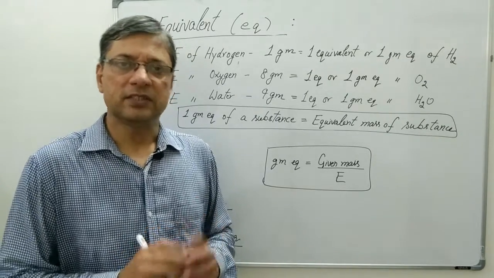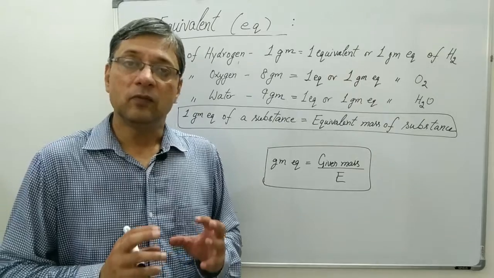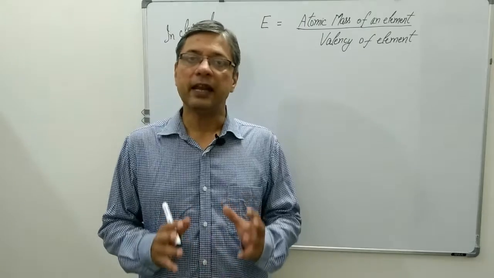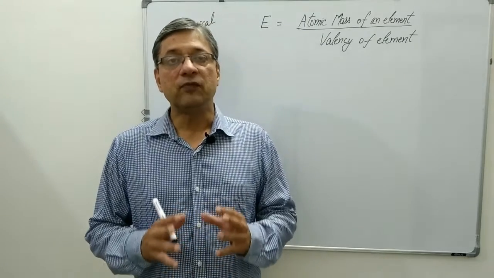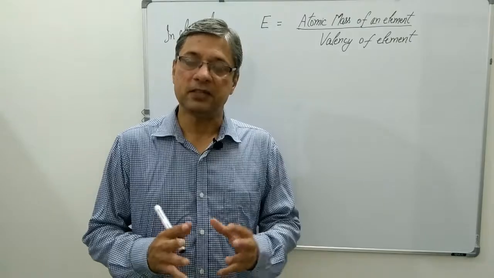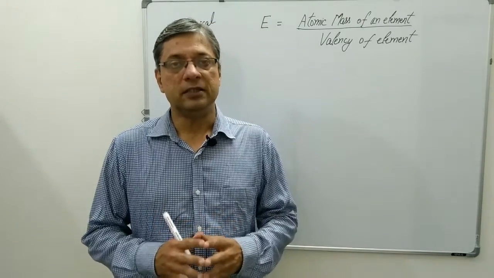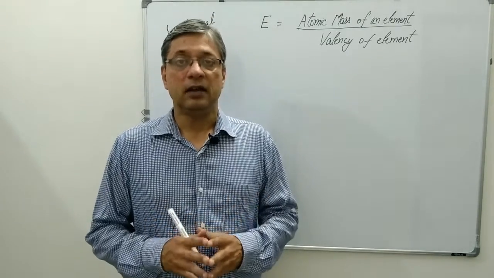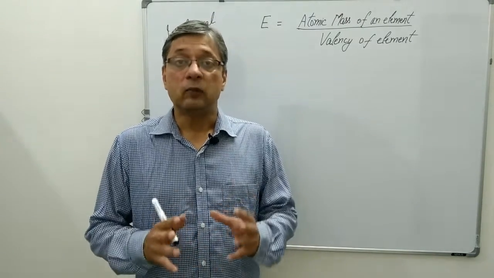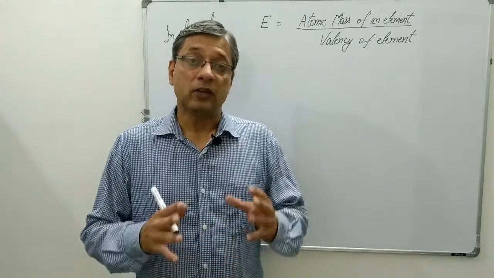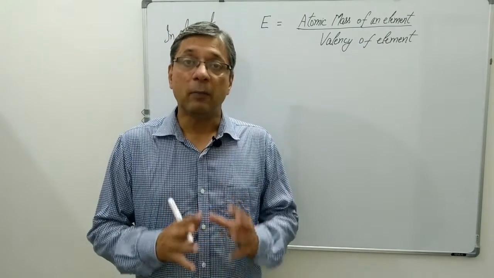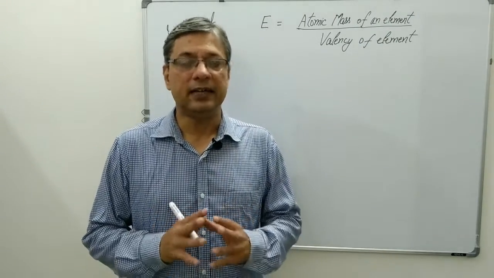Let us revisit the equivalent weight formula. In classical chemistry, the equivalent mass of a substance or an element was calculated by the formula equal to the atomic mass of the element upon the valency of that element.